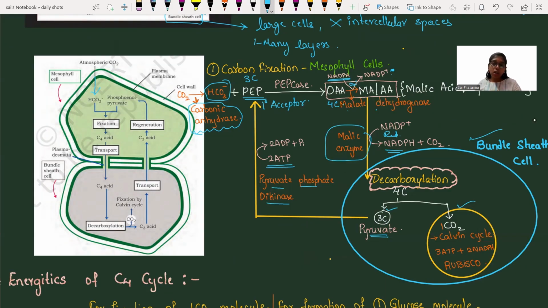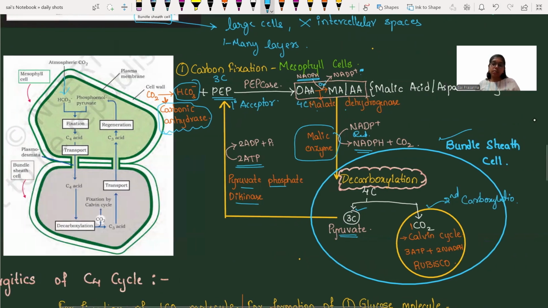Here 1 carbon dioxide is fixed a second time, which is the second carboxylation, as bundle sheath cells are rich in RuBP. The Calvin cycle is conducted here, where for 1 carbon dioxide it uses 3 ATP and 2 NADPH, and the extra 2 ATP are used by the mesophyll cells to generate pyruvate back to PEP, phosphoenol pyruvate.